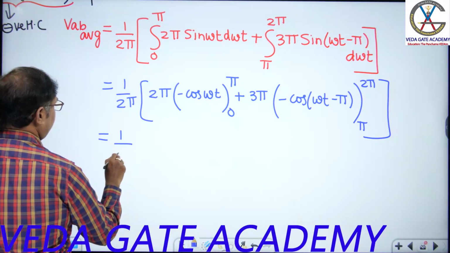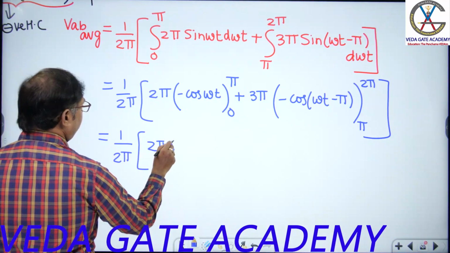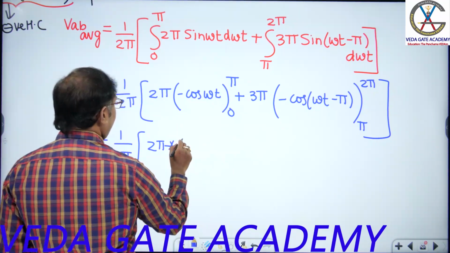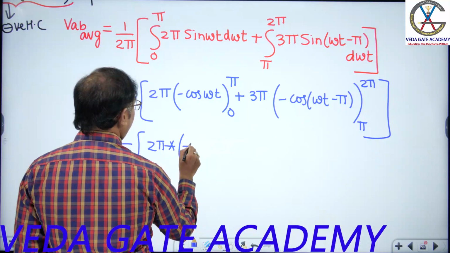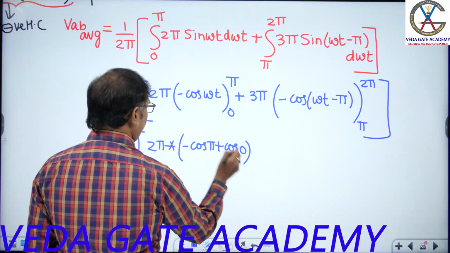Further simplifying: 1 by 2 pi, 2 pi into minus cos pi plus cos 0, where this value is 2.